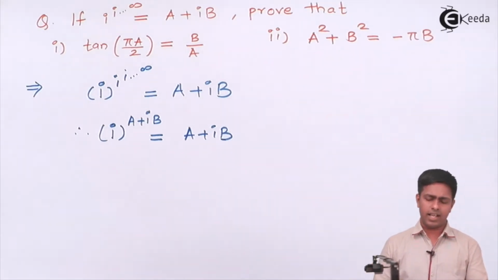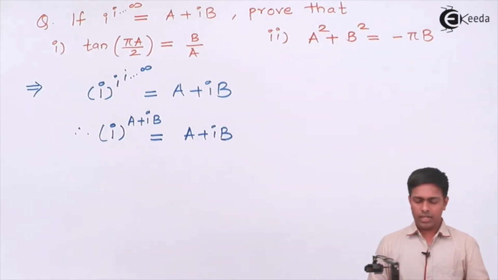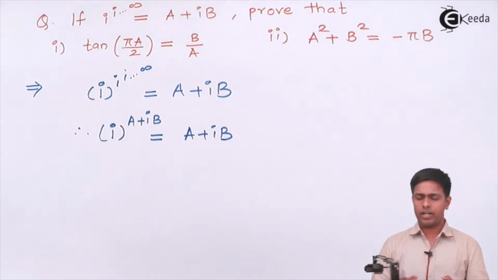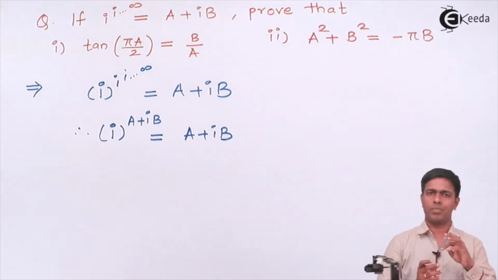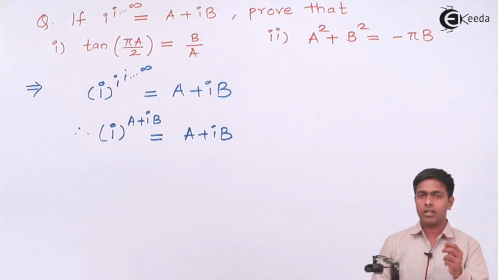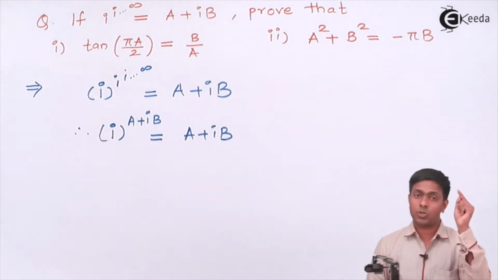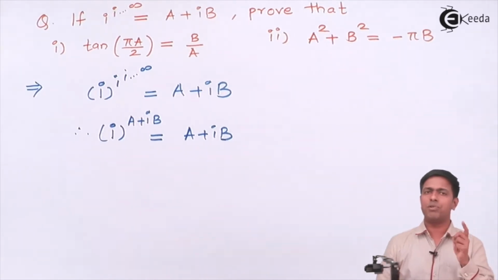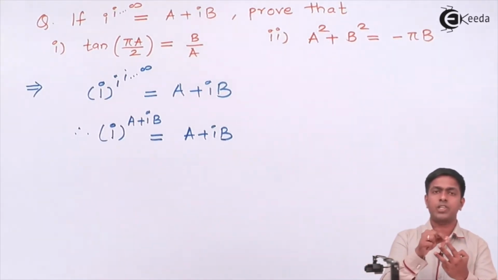So the question is how to bring the complex number in standard form on the left hand side. Now I am going to teach you a new concept, about converting this complex number raised to complex number term into the standard form of a complex number. The rule says: convert the complex number in the base into exponential form. You must know three forms of a complex number: Cartesian, polar and exponential.